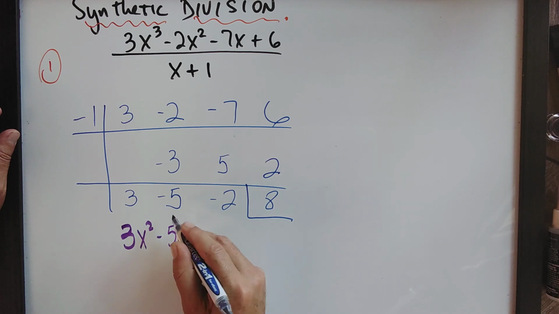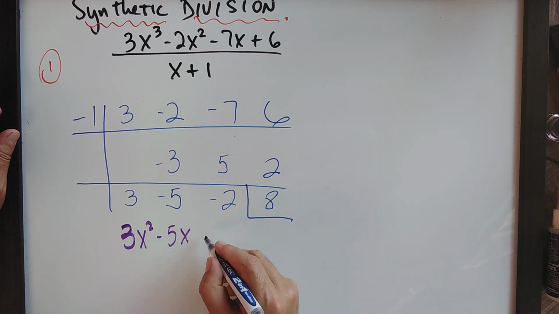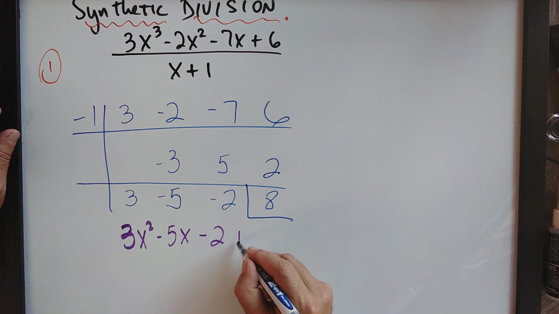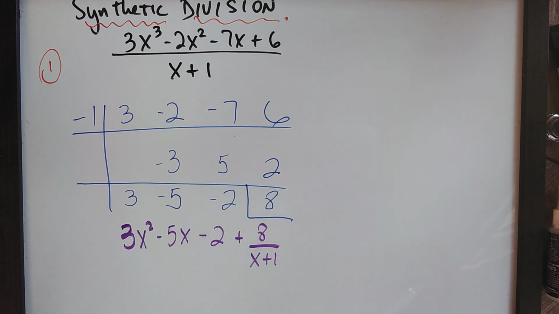You keep, and then you go down from there. -5x, and then -2. -2 is the independent number. Plus 8 over x plus 1. Okay, so that's how you do it. Not that hard. Just take a little practice, but you'll get it.